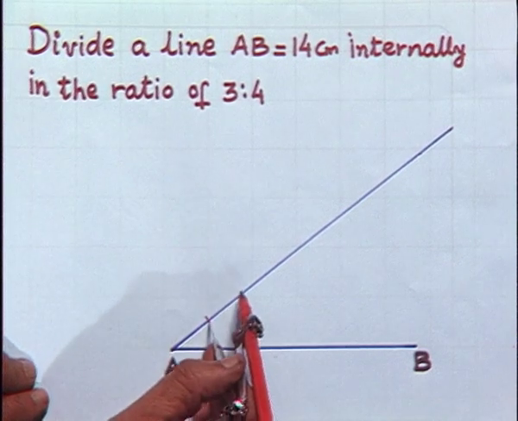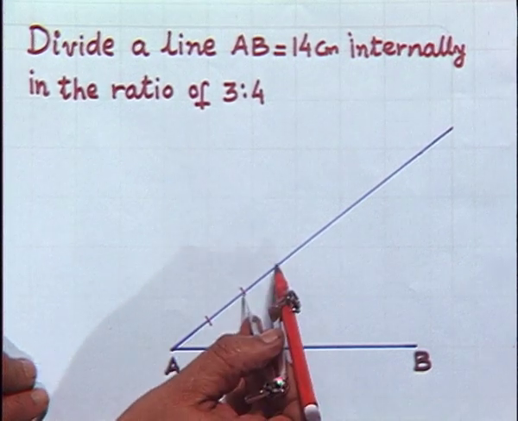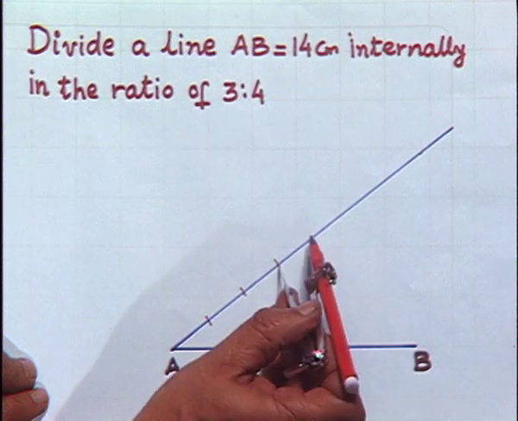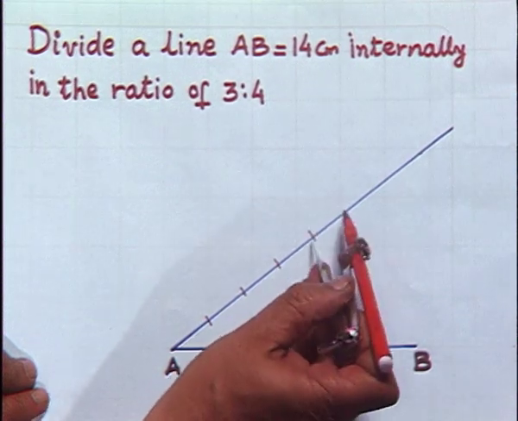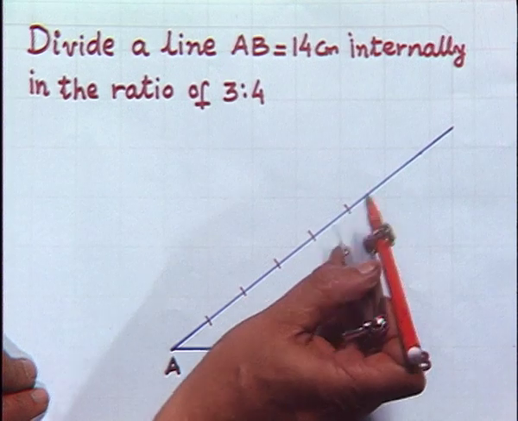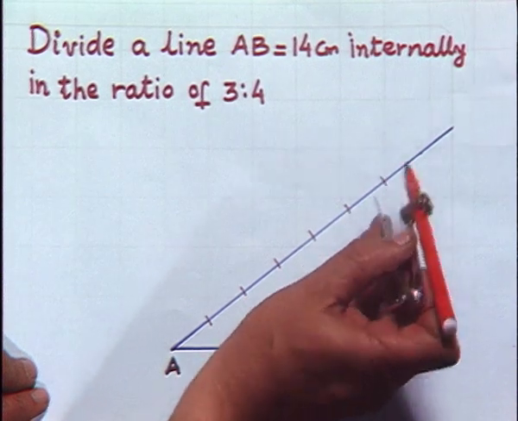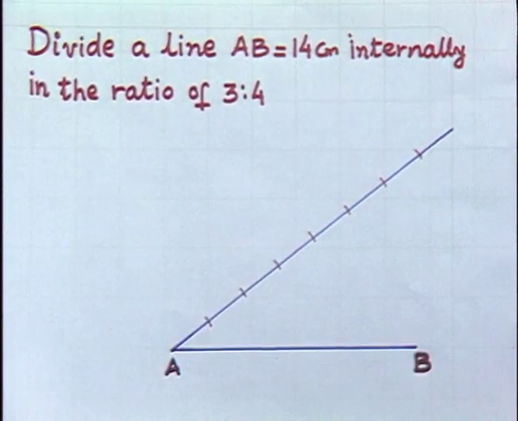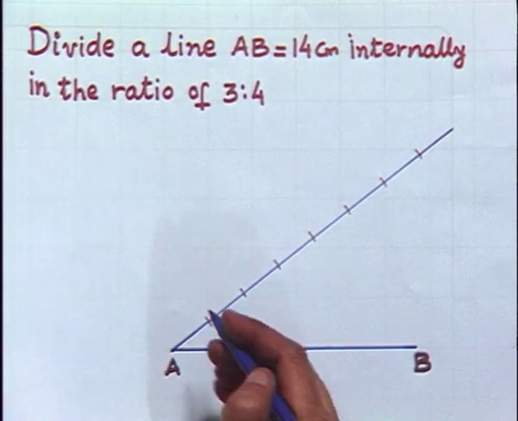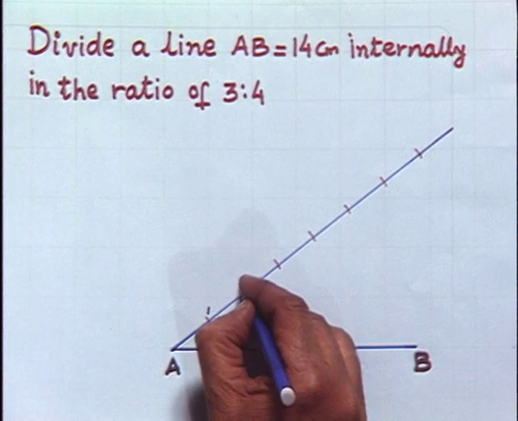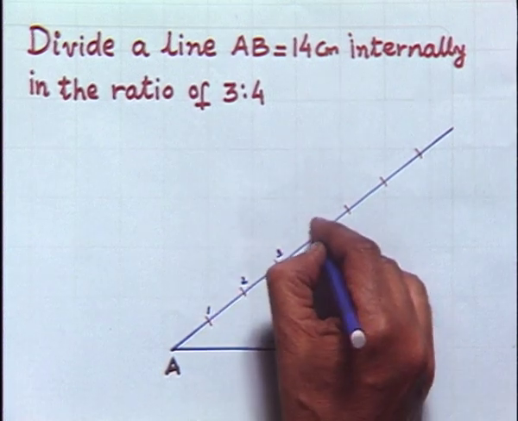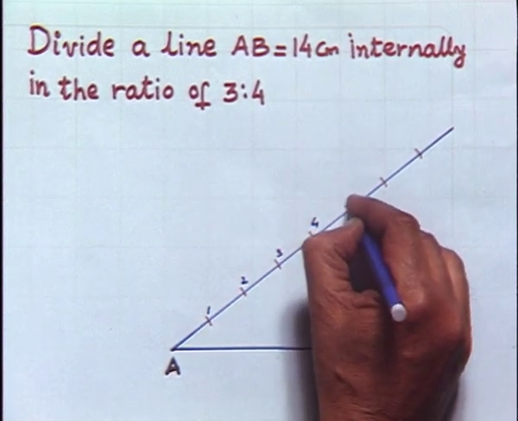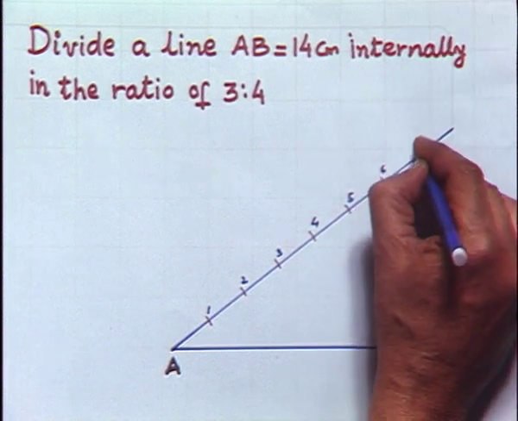One, 2, 3, 4, 5, 6 and 7. Let us name these. This is 1, 2, 3, 4, 5, 6, 7.